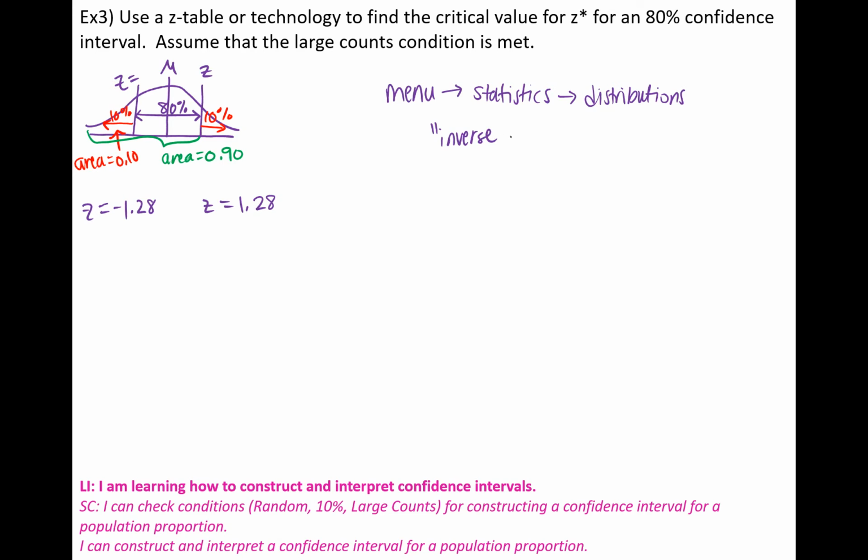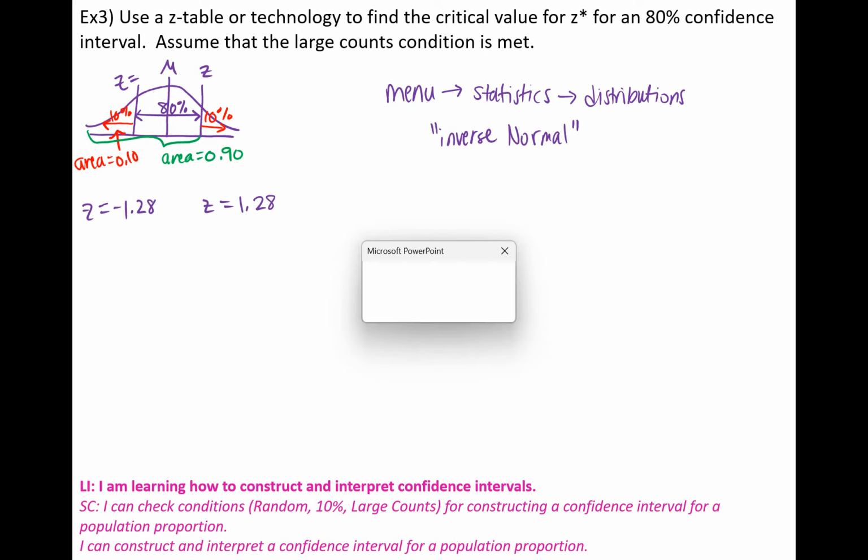So inverse normal is our way of saying, hey, we're starting with an area and we want to go back and find the z-score. So inverse normal is how we go backwards to find the z-score instead of starting with the z-score.